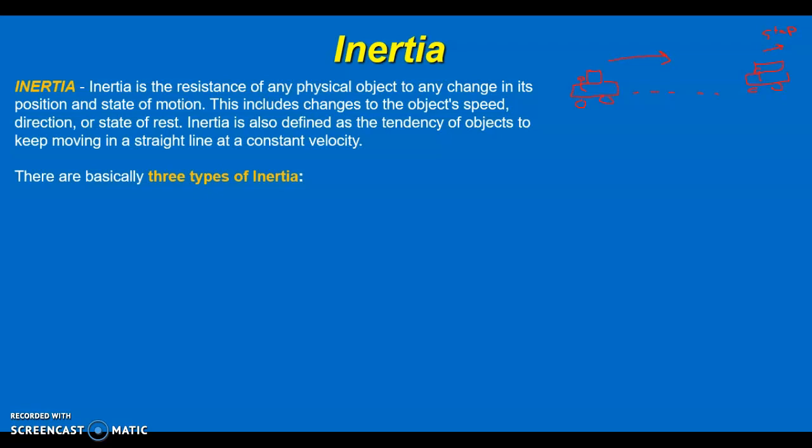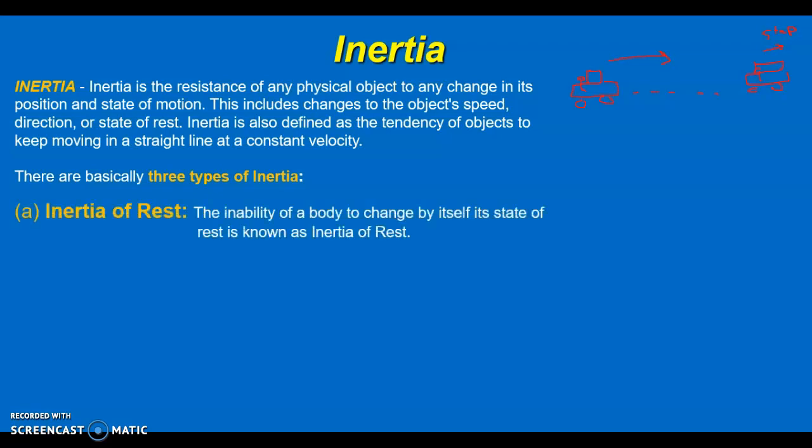Inertia is also defined as the tendency of objects to keep moving in a straight line at a constant velocity. The tendency, not the real continuing of keeping the same speed. It's the tendency to keep moving in a straight line at the same velocity. We're going to explain this in the following examples.